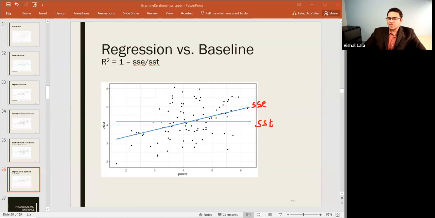So our goal here is not to compare the regression line to a model that predicts every point perfectly, rather to compare the regression line to a baseline model. So we can do this by saying, let's do SST, how bad is the baseline model, minus SSE, and divide that by SST.